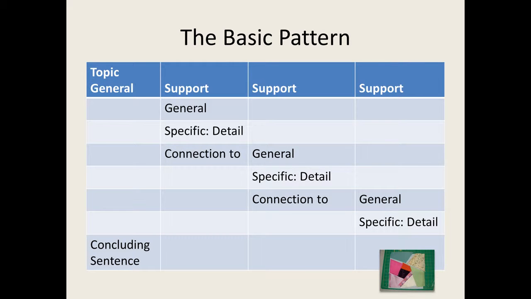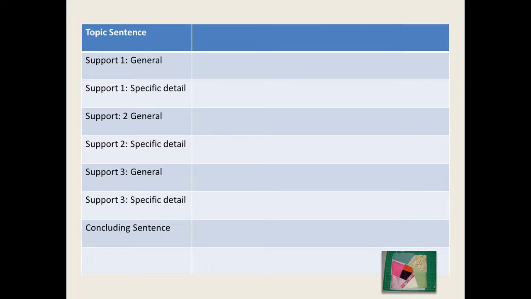And then we have that general idea, the Halloween candy's gone, and specific detail, the one Necco wrapper. And then we connect to the next idea and support generally and specifically, and then finally return to the concluding sentence. We can simplify the form to look like this: the topic sentence, general support, specific support.